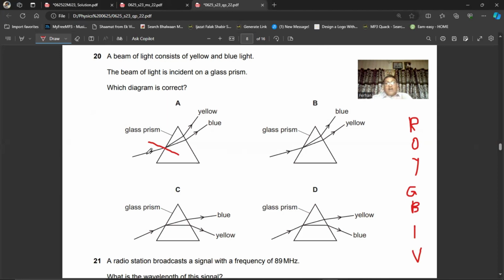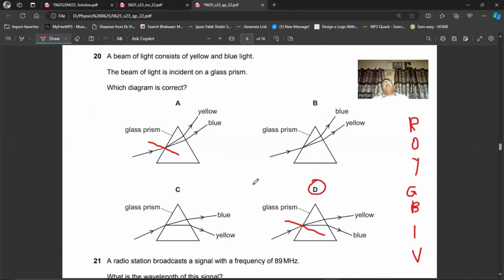The light slows down. So it should bend towards the normal, not away from the normal. So A cannot be the answer. D is the right answer, because when you draw a normal here, the light has bent towards the normal. So this is the right refraction.